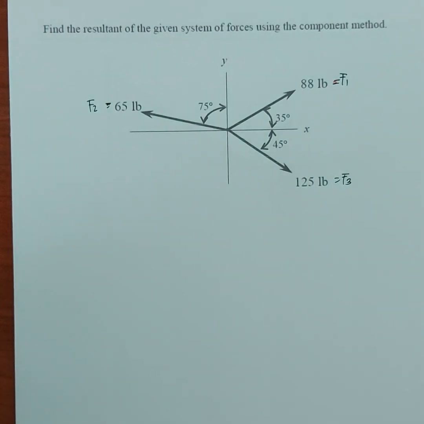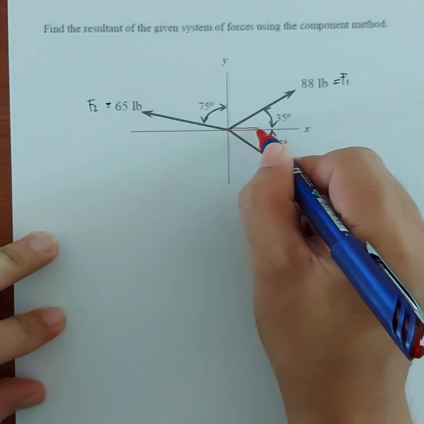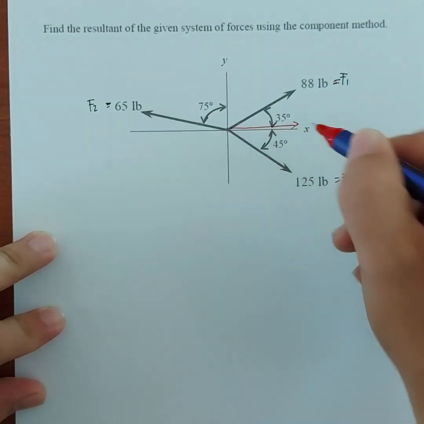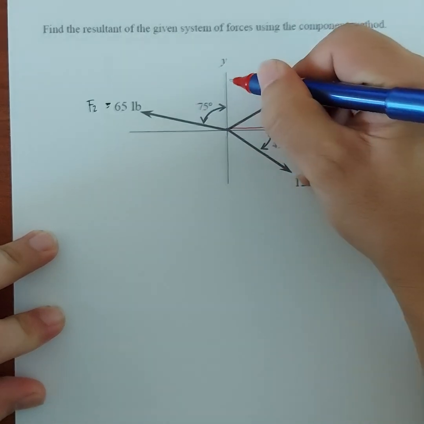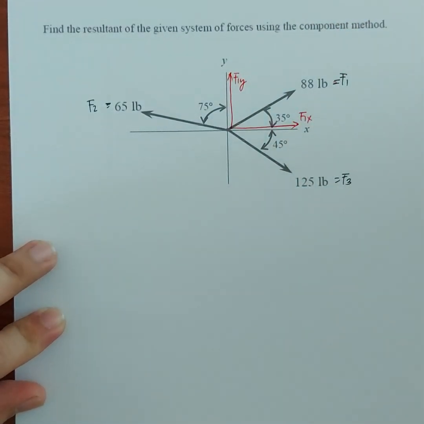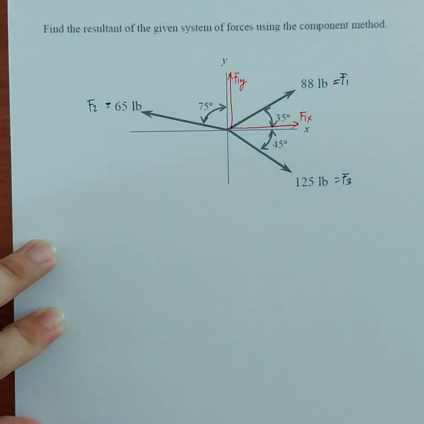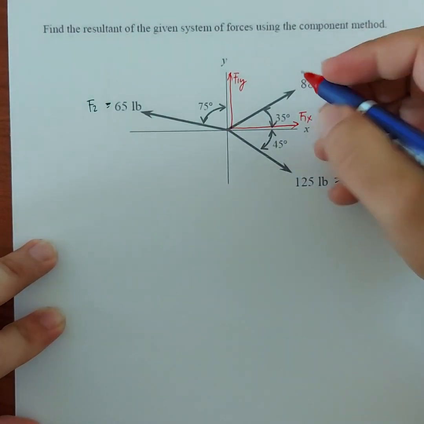Now, solve natin yung component ng F1 along X and Y axis. So, ito. This is F1X and this is F1Y. Okay? So, how do you solve for F1X, F1Y? So, if this is F1Y, parallelogram method pa rin. There's also F1Y.